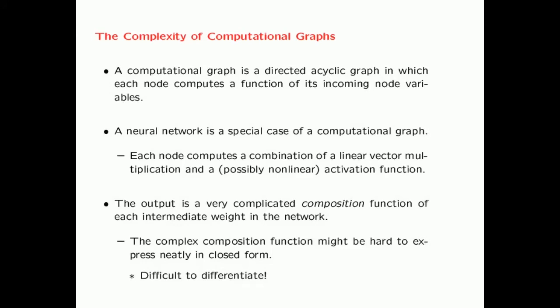Now, the problem is that this computational graph might have many layers, and the output will likely be a very complicated composition function of each intermediate weight in the network. Now note that this complex composition function will be hard to even express neatly in closed form. And this is what makes it difficult to differentiate.